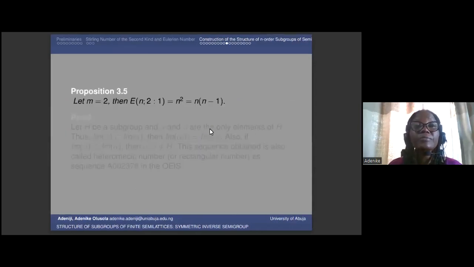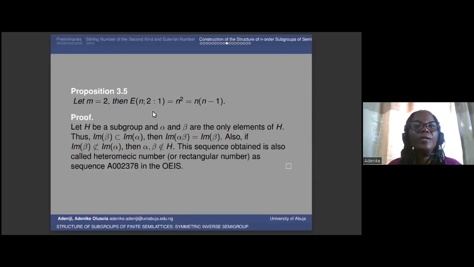So let's see the following proposition and lemmas before the theorem. If we let m equal 2, using the falling factorial, we have this: n, that's m is 2, and then we choose 1.